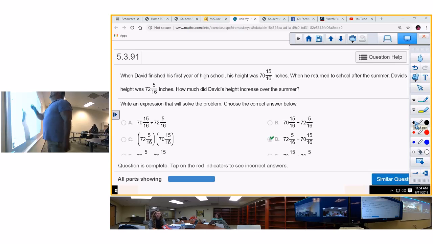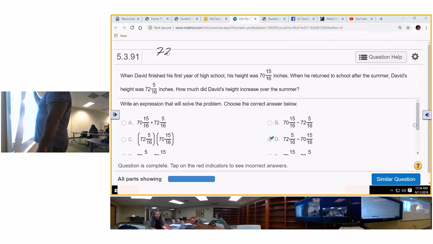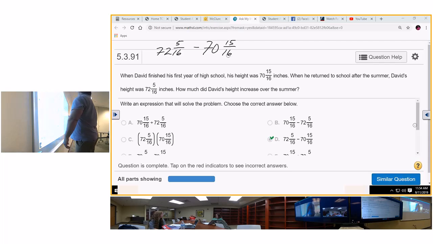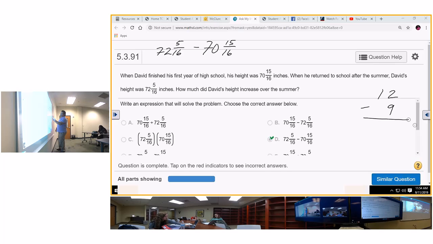Got a 72 and 5/16 minus 70 and 15/16. Now, do y'all remember back in grammar school when you had something like this? And you couldn't take the 9 away from the 2.